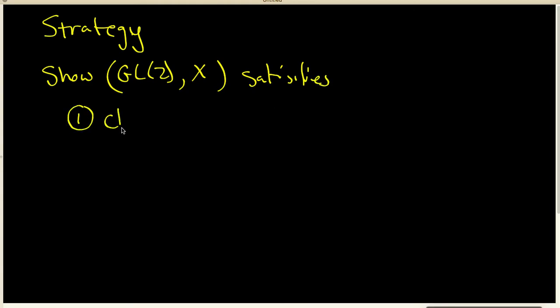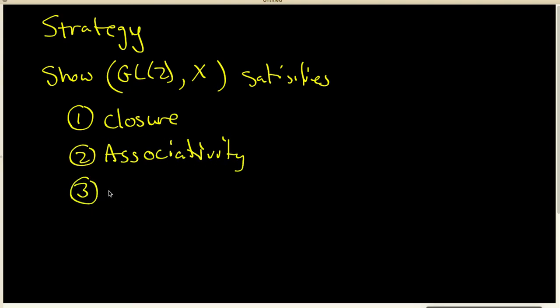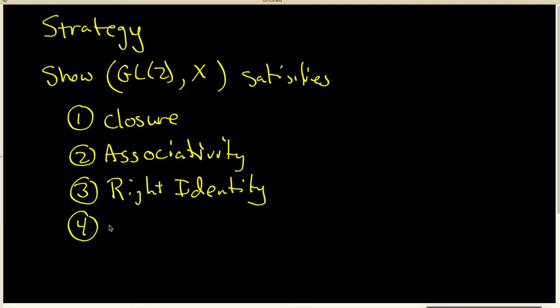We have to show that it satisfies closure. We have to show that it satisfies associativity. We have to find that there is indeed a right identity element. We have to be able to find a right identity. And we have to show that right inverses exist for every element inside of my set.